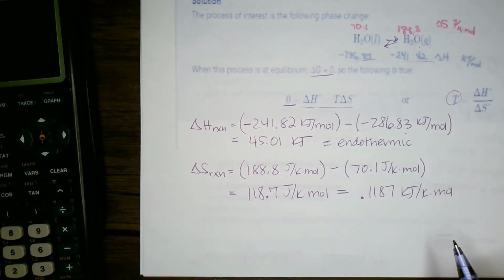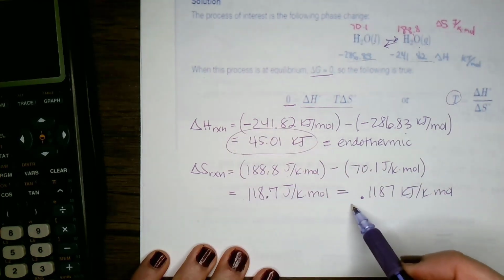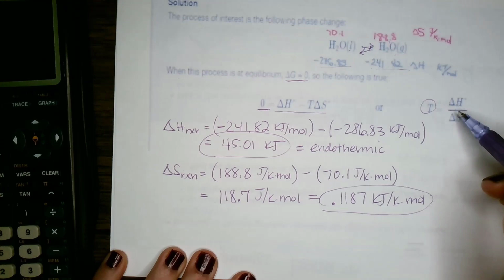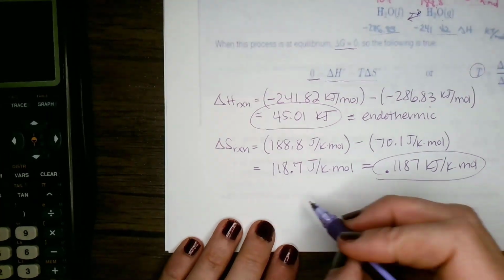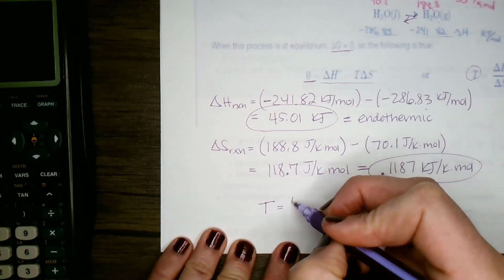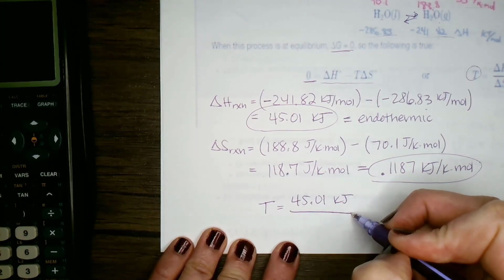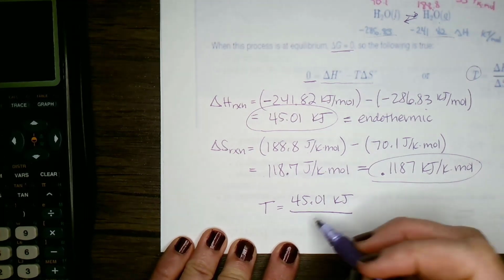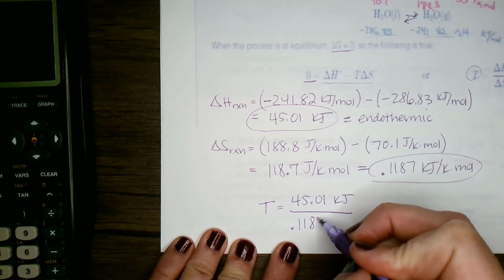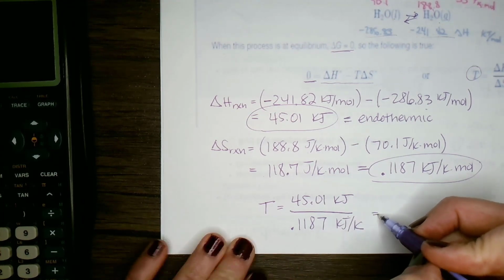Now that we know delta H and delta S, we can plug them into our equation right here. So let's do our T. Our temperature in Kelvin is going to be 45.01 kilojoules over 0.1187 kilojoules per Kelvin.